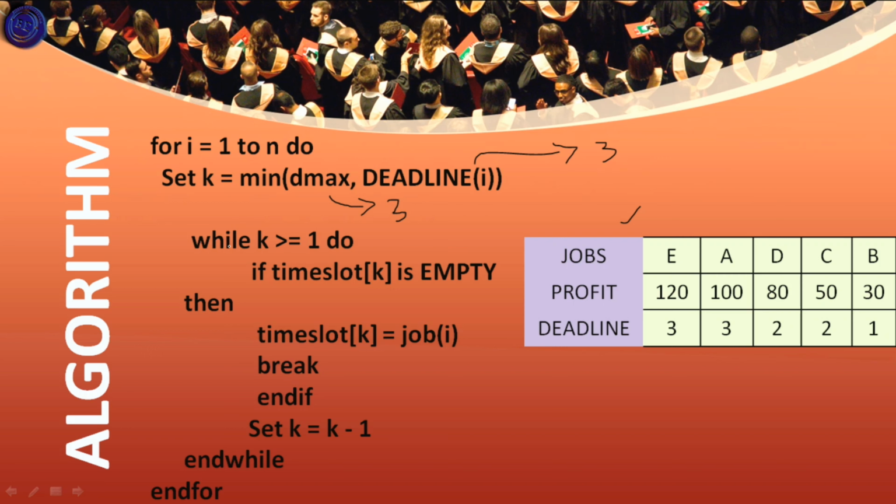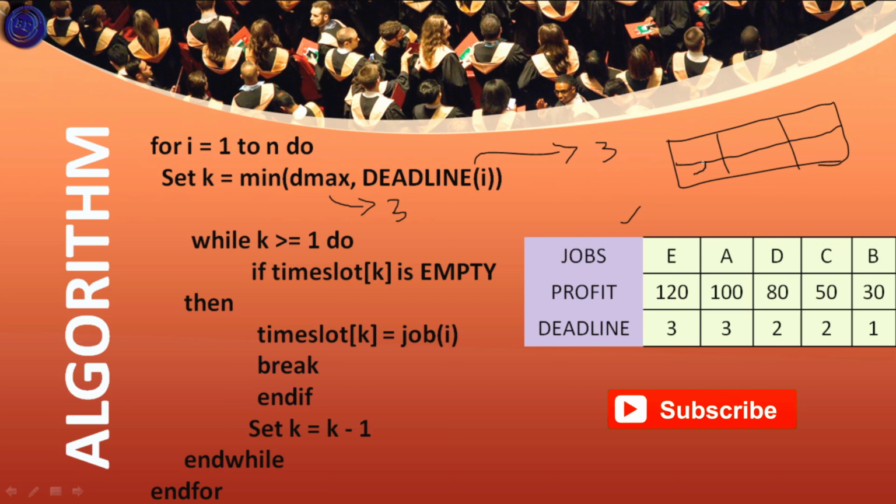While K is greater than or equal to 1, do: if the time slot of K is empty, then... Here we have a table in which we represent the job selection which has the maximum profit.